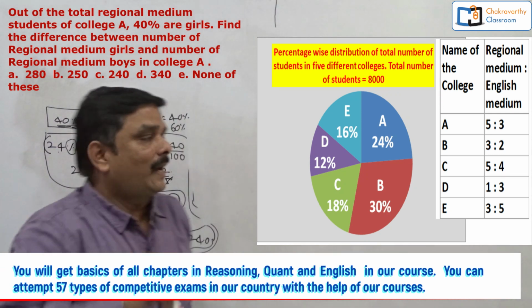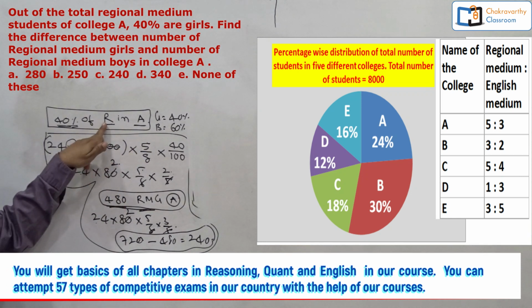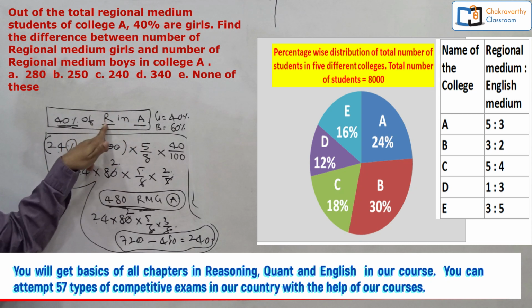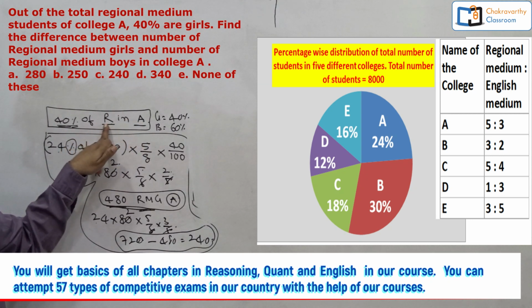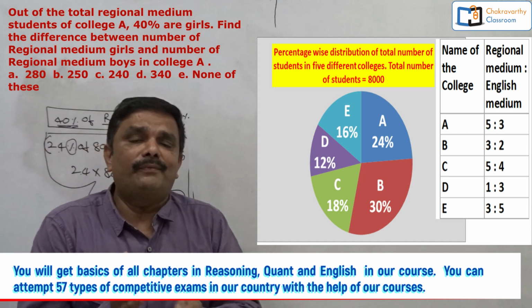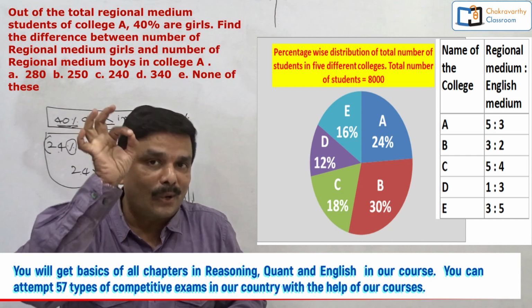Again, they are asking the question: what is the difference between the number of regional medium girls in college A and the number of regional medium boys in the same college?